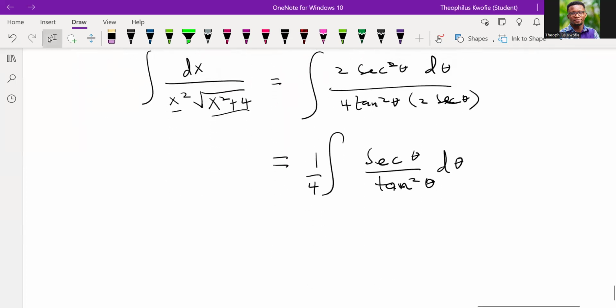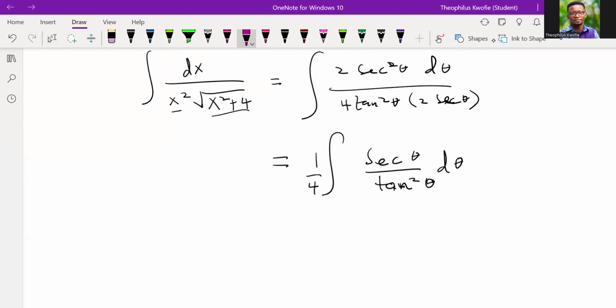Now, to evaluate this trigonometric integral, we put everything in terms of sine theta and cosine theta. Let's do some algebra here.